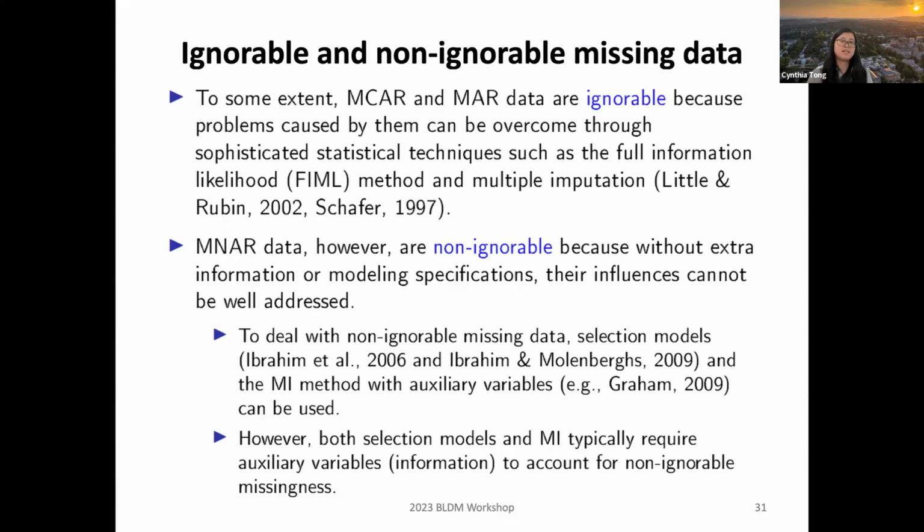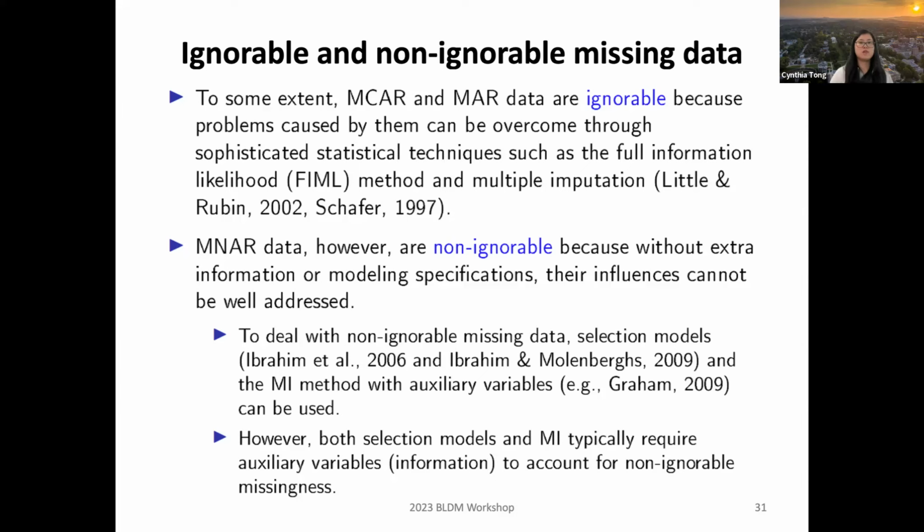So to some extent, MCAR and MAR data are ignorable because problems caused by them can be overcome through sophisticated statistical techniques such as the full information maximum likelihood method or multiple imputation method. But missing not at random data are non-ignorable because without extra information or modeling specifications, their influences cannot be well addressed.